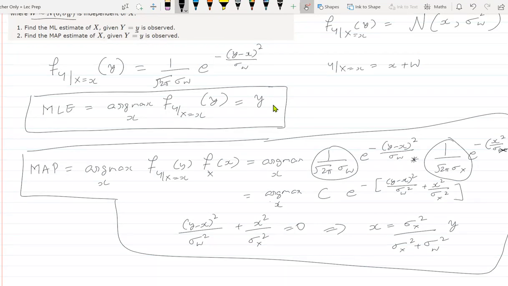But when you actually have a prior distribution and you are computing the maximum a posteriori estimate, then x is not equal to y. It also depends upon the variance. So these two can be very different, and you should understand the difference between them. You should understand the definition and how to compute it.